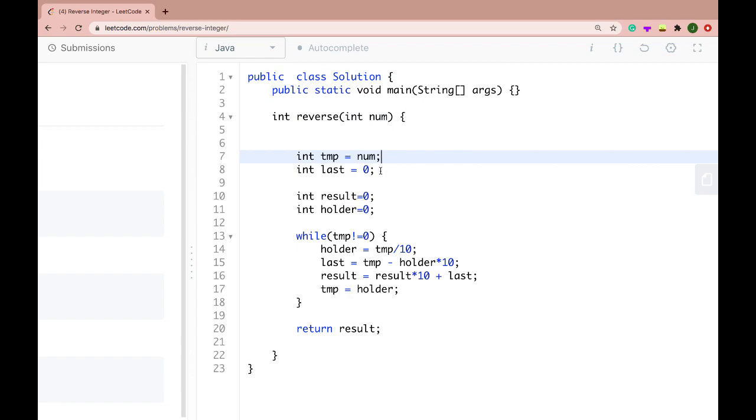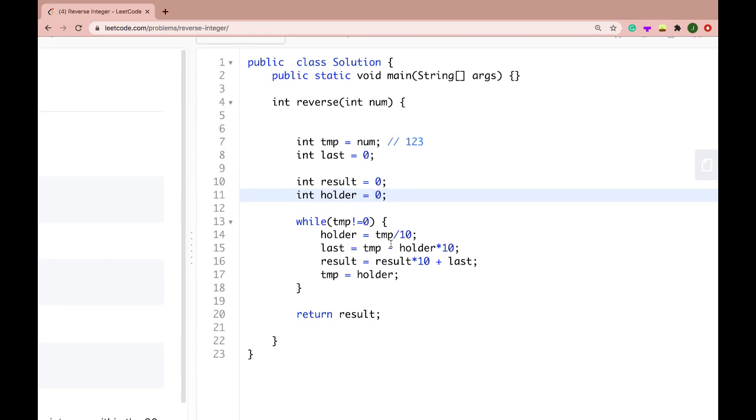And integer last stands for the last digit of each number. So I'm going to use 123 as the example here. Result is for the result. Holder is a temporary variable.